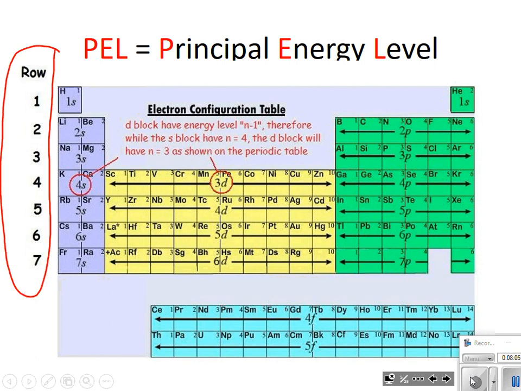Off to the left of that table, I want you to number 1 through 7. Those are the 7 main energy levels, which we call the principal energy level.